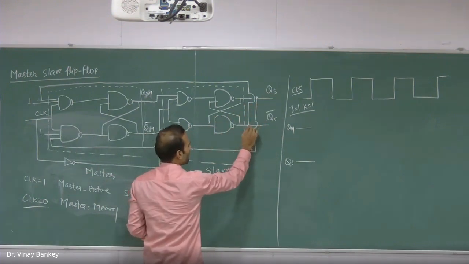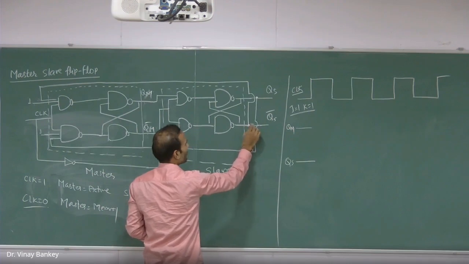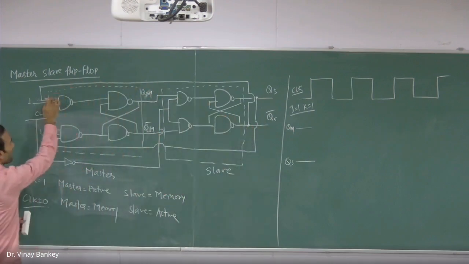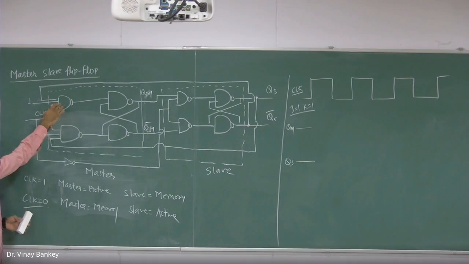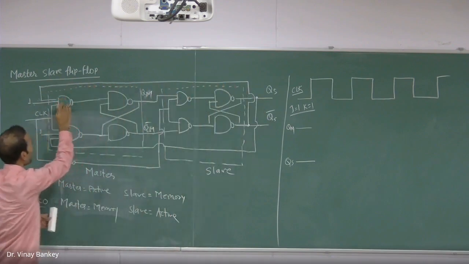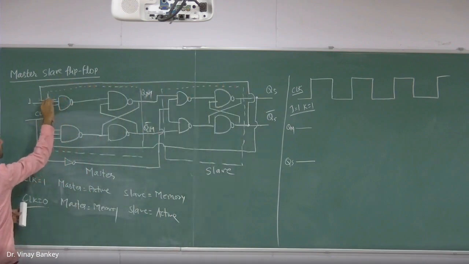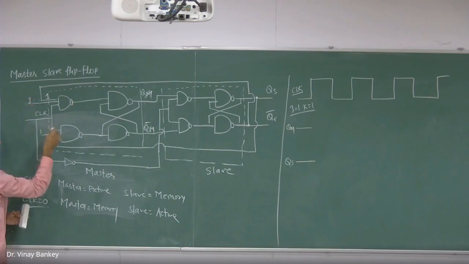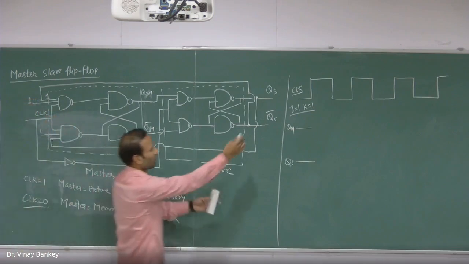Now, we have QS bar as the input of this NAND gate. It means you have 1 in this position and 1 is also applied and clock pulse is high. We are dealing at this position.